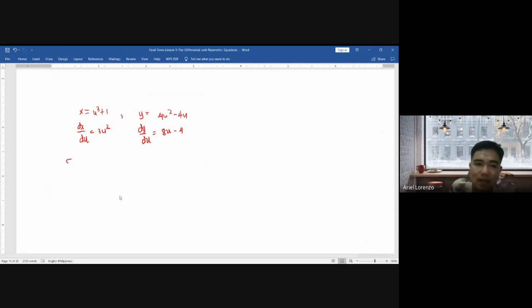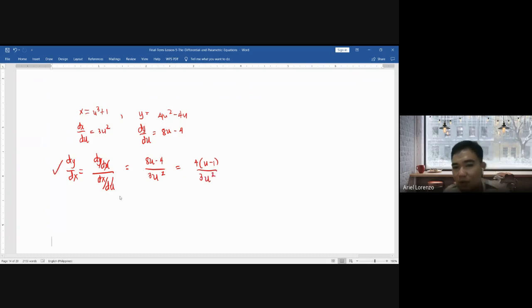And then dy all over dx is equal to dy over du divided by dx over du. Cancel si du. So magiging 8u minus 4 all over 3u squared. Or that is 4u minus 1 all over 3u squared. So that is your dy all over dx.